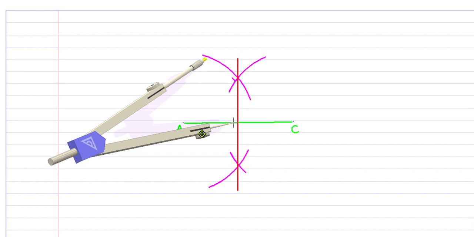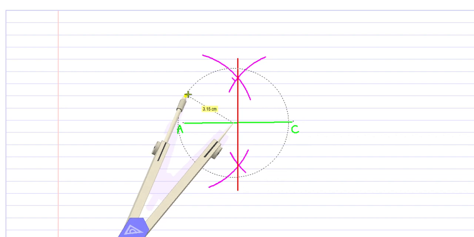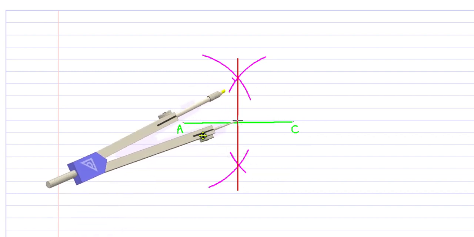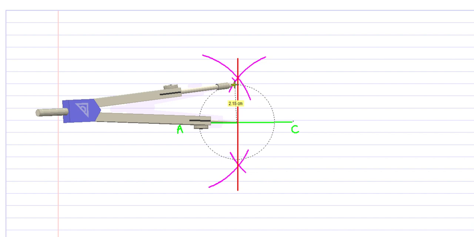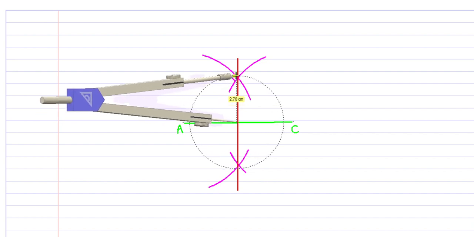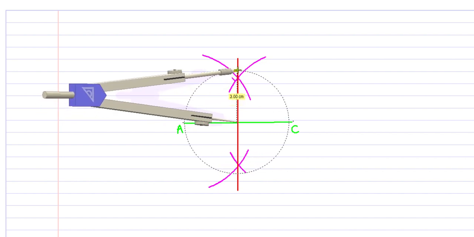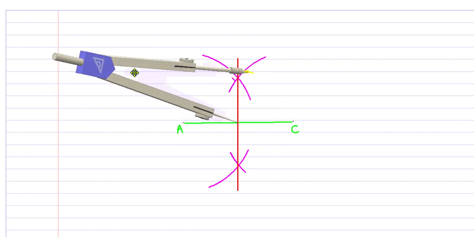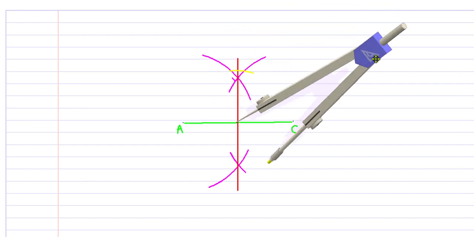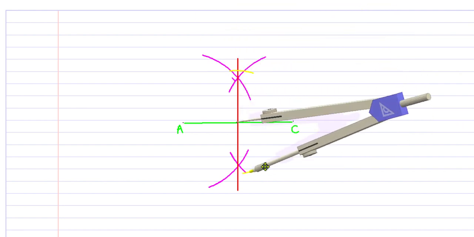Put the tip of the compass at the midpoint and take a radius equal to exactly half the length of the diagonal. The diagonal is 6, so half of it would be 3 centimeters. So with radius 3, draw an arc above and also an arc on the other side below.